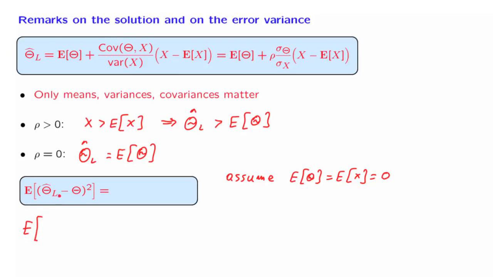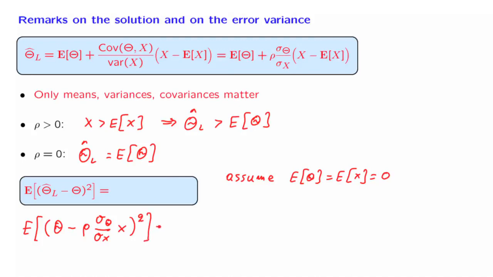So in this case, what we have, let me first write theta and then put here the estimator. The estimator is rho times sigma theta over sigma x times x. Basically, I took this formula, but I put zeros for the expected values.